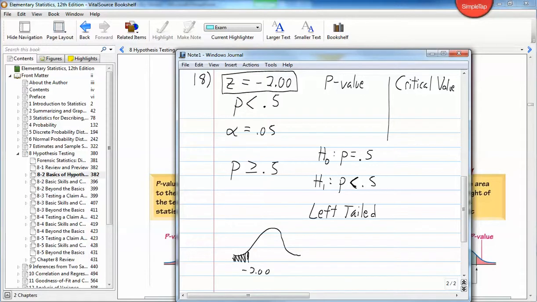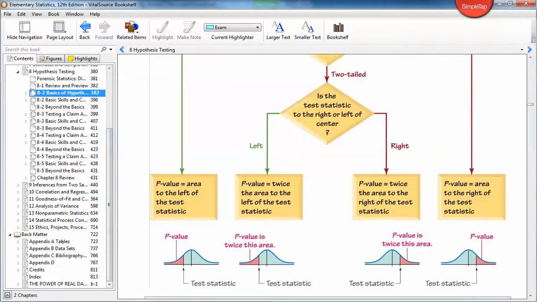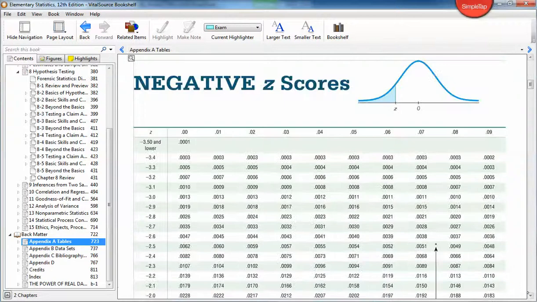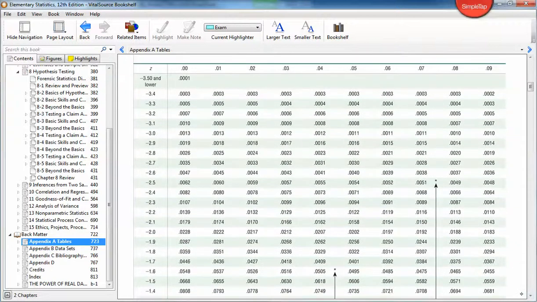Since this is a z distribution, we use the z table, that's in Appendix A. And our test statistic was negative 2.00.